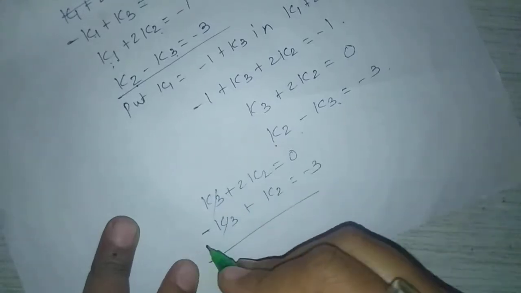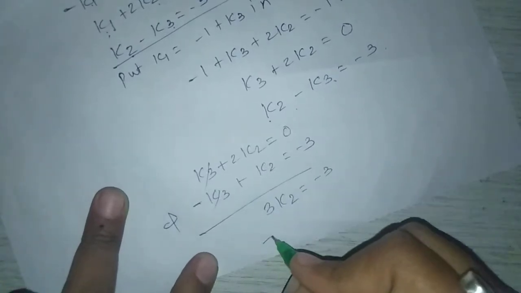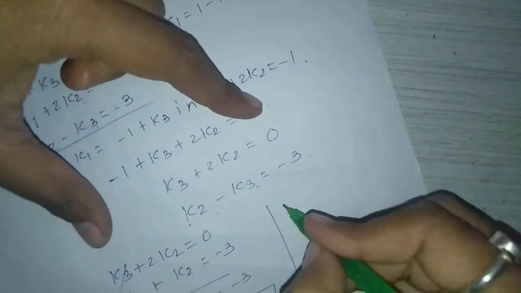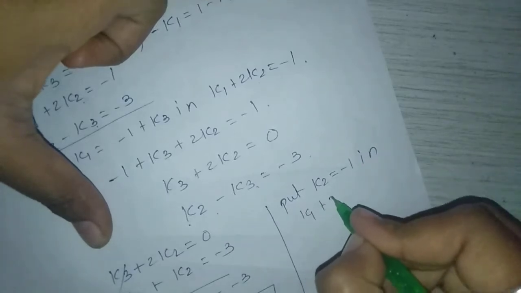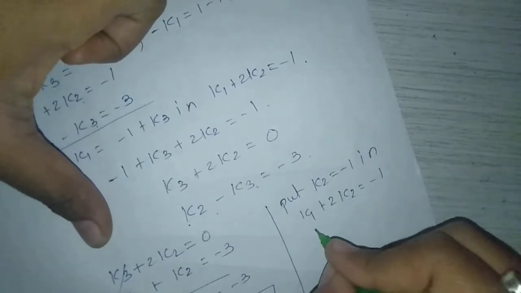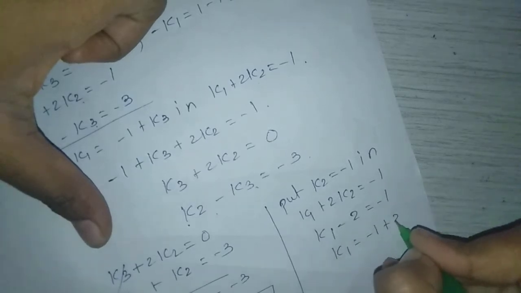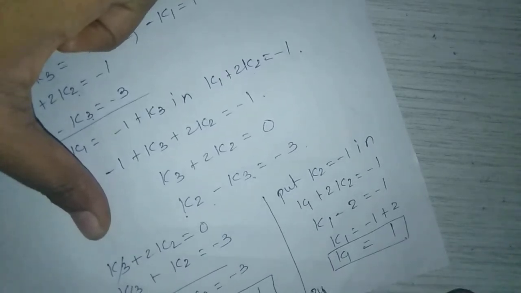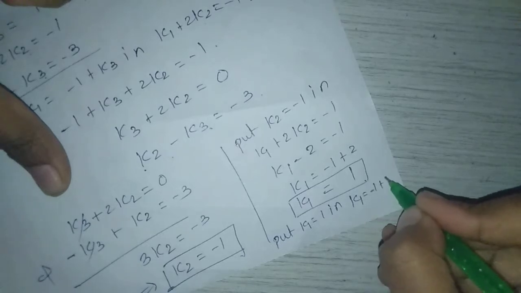Now arrange these terms: k3 + 2k2 equal to 0 and -k3 + k2 equal to -3. The k3 terms get cancelled. 2k2 + k2 is 3k2 equal to -3, which implies k2 equal to -1. Put k2 equal to -1 in k1 + 2k2 equal to -1. We get k1 - 2 equal to -1, so k1 equal to 1. Put k1 equal to 1 in k1 equal to -1 + k3.